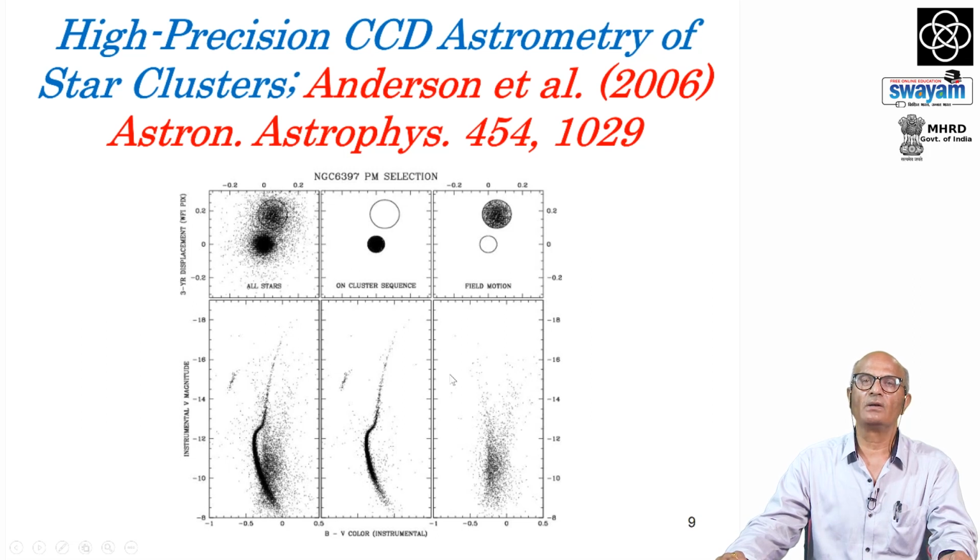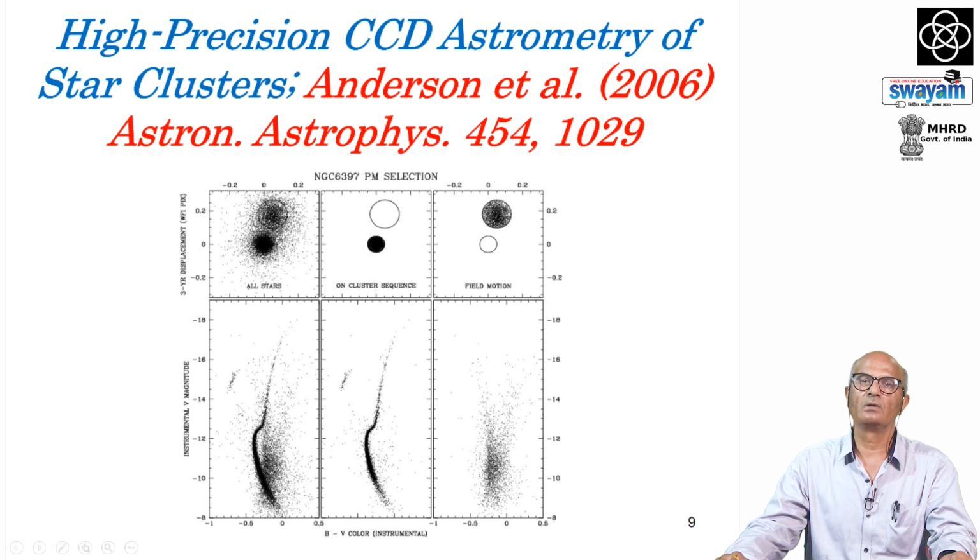How it improves matters, this figure is taken from Anderson et al., a published paper in Astronomy and Astrophysics, and you can see how high precision CCD astrometry of a star cluster improves our understanding. As you can see, the upper box shows proper motion, which we call the vector point diagram.